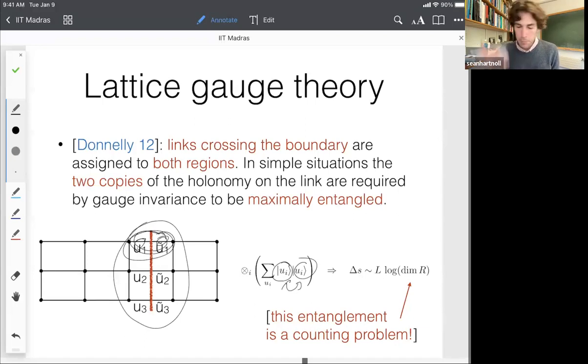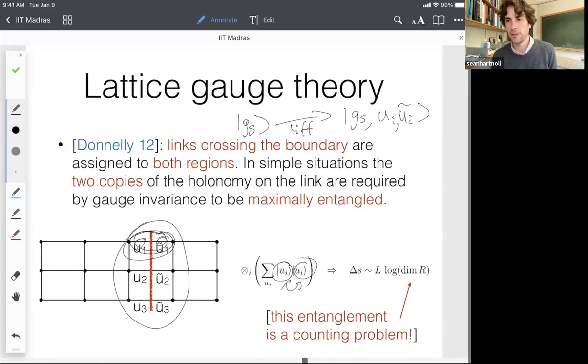So you have some ground states of your lattice gauge theory, and you lift that to some bigger space where you include some pure gauge modes that were not there in the original states.